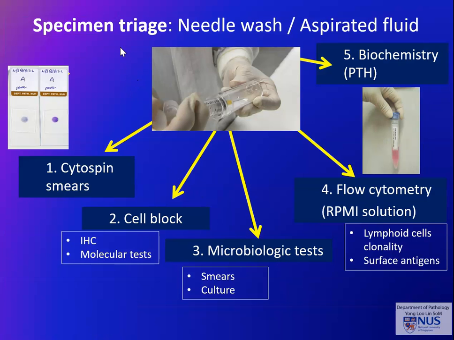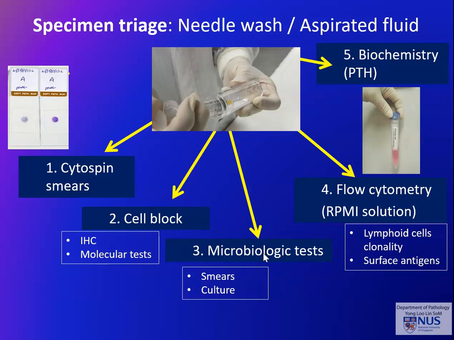Now, in terms of specimen triage, there are many things that we can do with the needle washing or with the neat aspirated fluid. One thing is that we can actually spin, centrifuge the material and stain it and concentrate the cells to look at them. We can also create or process a cell block, and this is like a mini biopsy from needle rinse material, and this is very, very useful because we can do lots of ancillary tests, including immunohistochemistry and molecular tests.